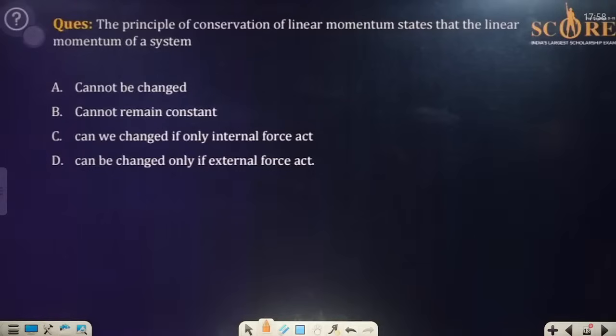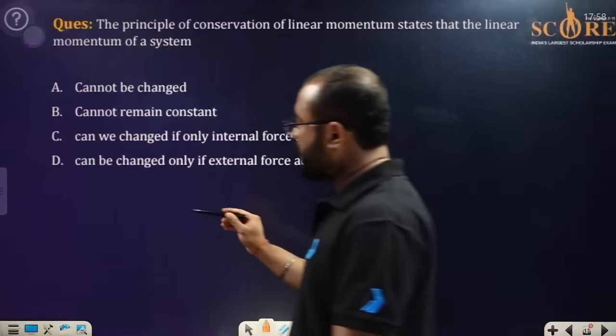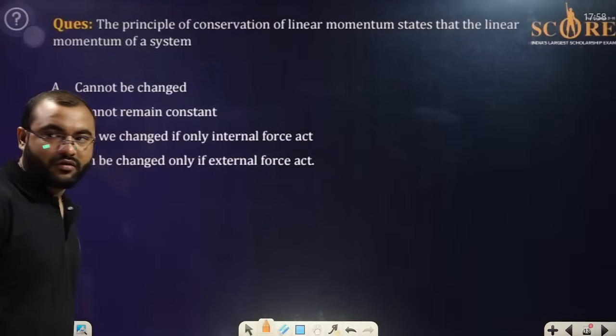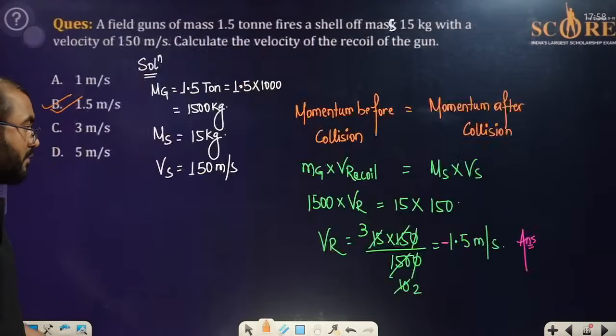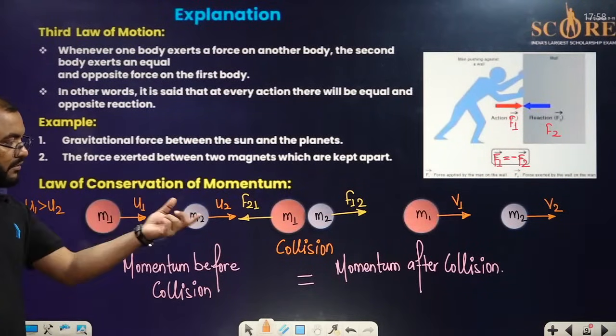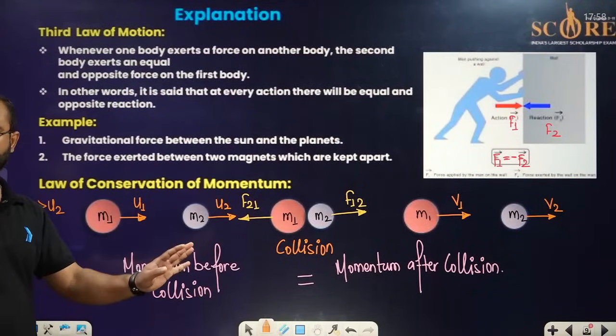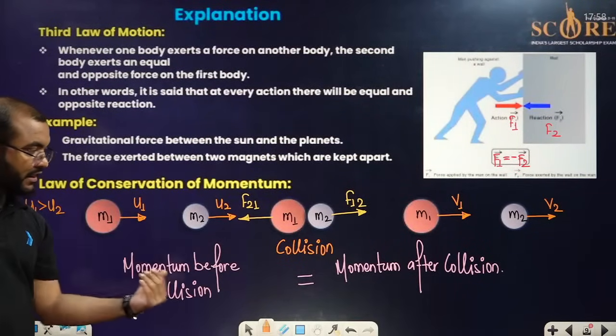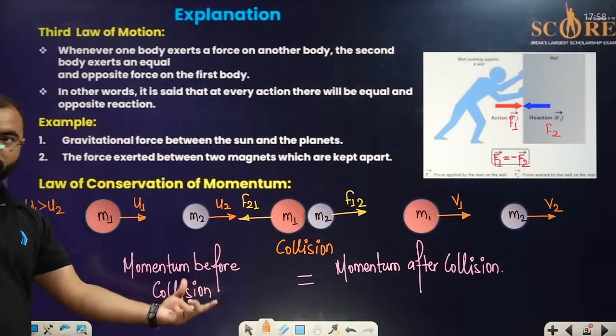Now, the principle of conservation of linear momentum states that the linear momentum of a system can be changed only if an external force is applied. What do you mean by that? Whatever is acting between the two different bodies only, there is no third force applied on it. So the conservation happens between the two bodies.